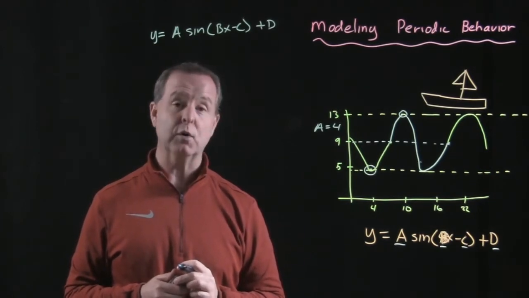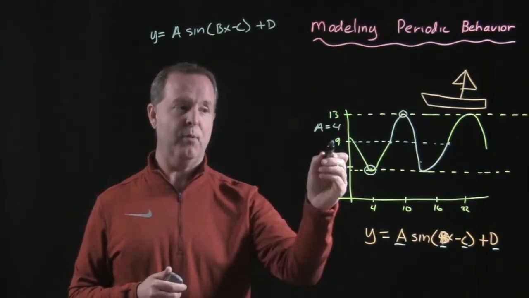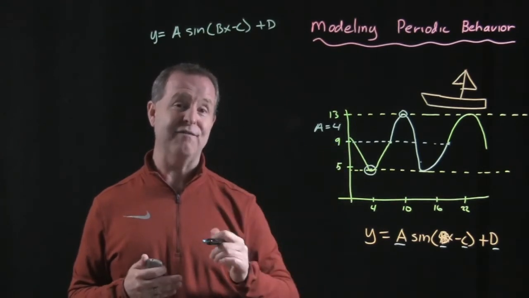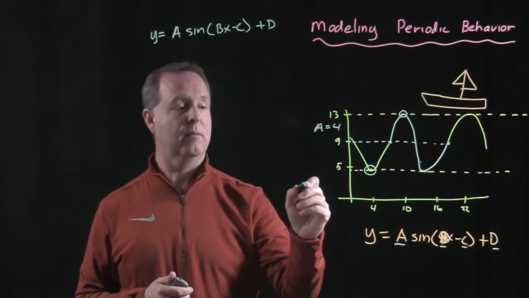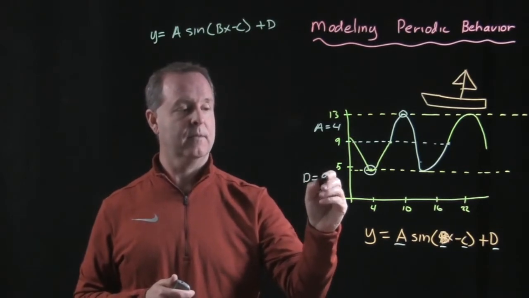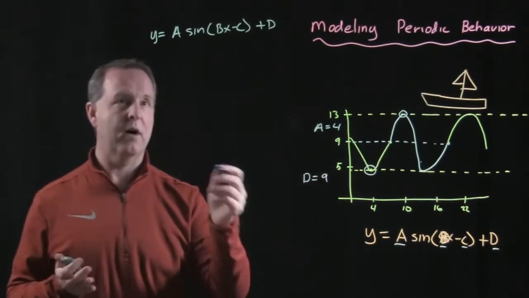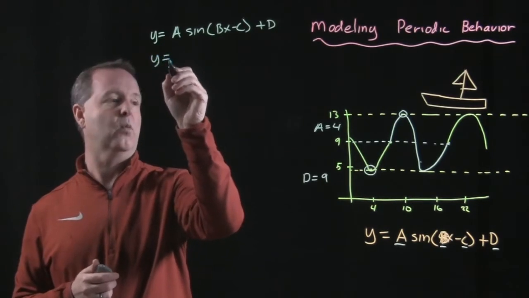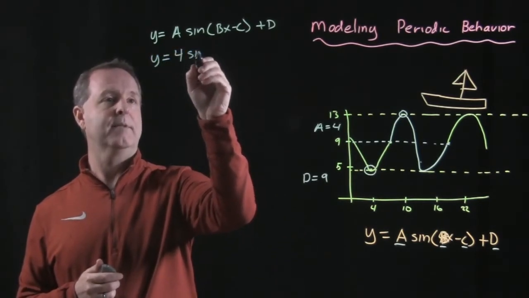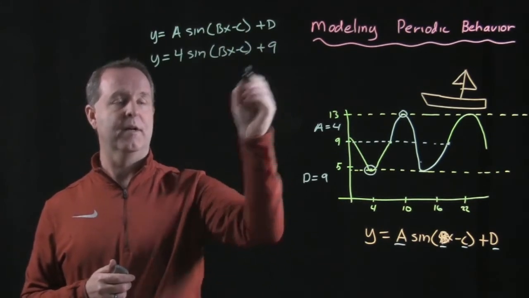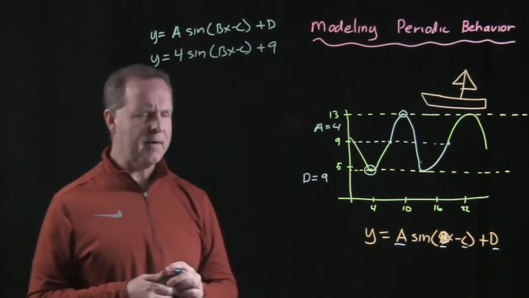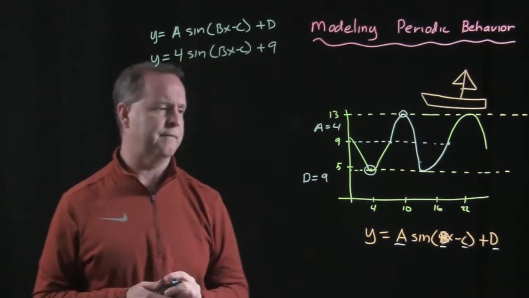That was its vertical shift. This middle point at 9, well, that's 9 feet above 0. So my vertical shift, or my d, would equal 9. So far, I have y equals 4 times the sine of bx minus c plus a vertical shift of 9. That was just cherry picking some of the low-hanging fruit there.